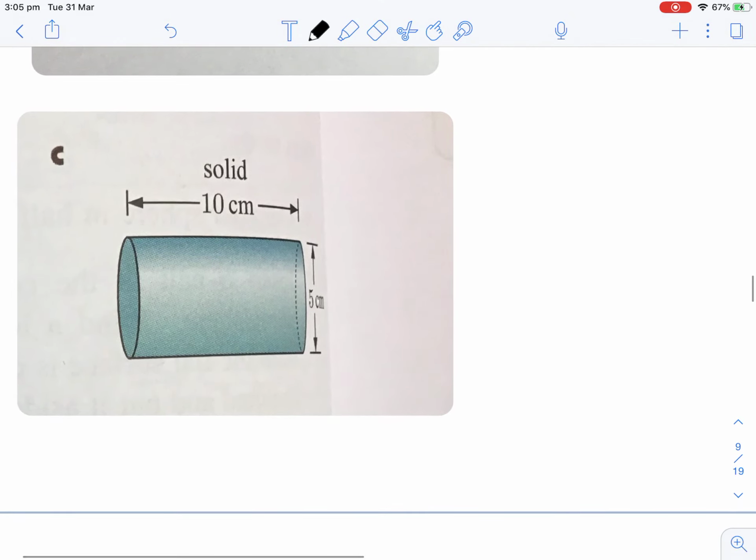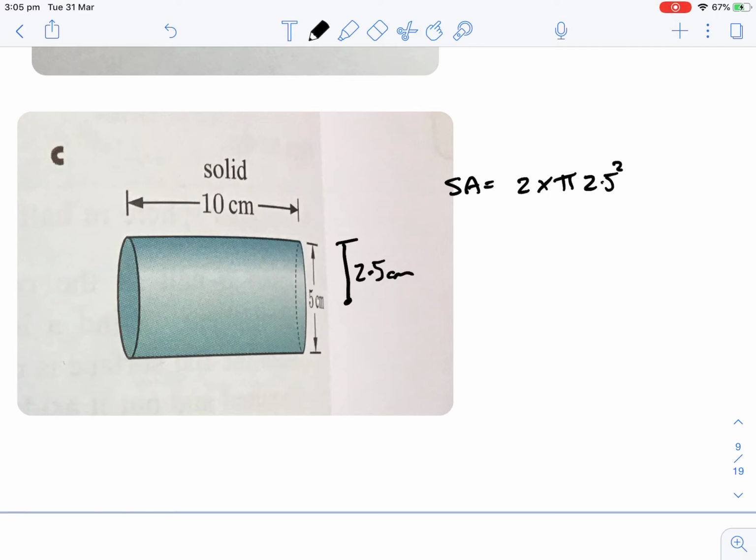Okay. In the next one, again, it says it's a solid, so same process as the first one. This measurement here is 5, and again, they've tried to trick you by giving you the full diameter. So the radius will be half of 5, so 5 divided by 2, which is 2.5 centimetres. And your surface area is going to be equal to 2, because I've got 2 circles, so 2 times the circle formula, which is pi times my radius, 2.5 squared.